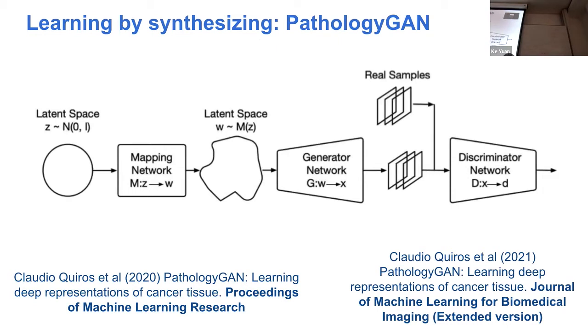As I'm sure I don't need to introduce GAN to this audience, it is a very famous deep generative model, featured by its capability of generating very sharp, high quality images. So it fits very well with the learning by synthesizing principle.